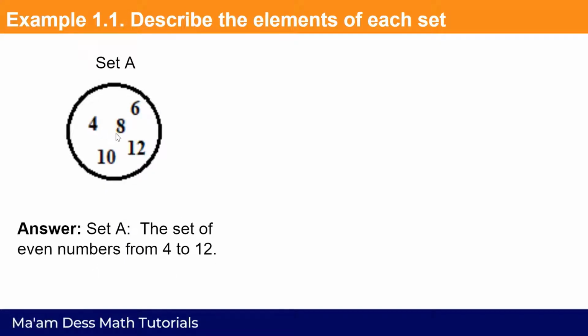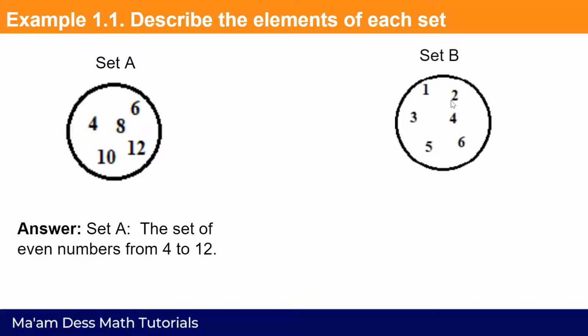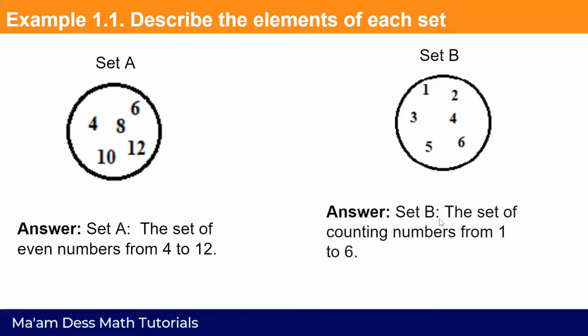So, again, 4, 6, 8, 10, 12. So, we can describe this as even numbers. The other one, set B. What can you say about set B? 1, 2, 3, 4, 5, 6. Okay. So, set B, the set of counting numbers from 1 to 6.